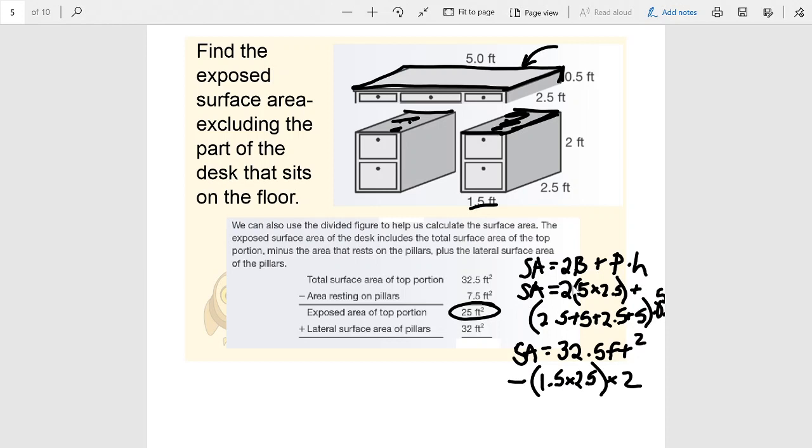Now actually these pillars that we're going to do next are a bit easier. Okay, we just need to find the lateral surface area of those. Okay, if the top and the base of the pillar are not painted because they're not exposed, we just need the lateral surface area, which comes by doing perimeter times height.